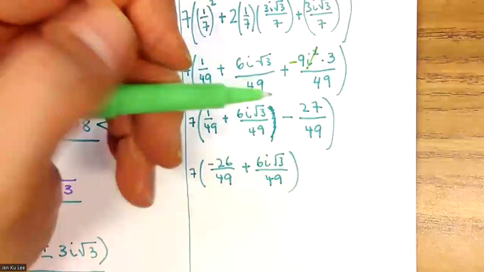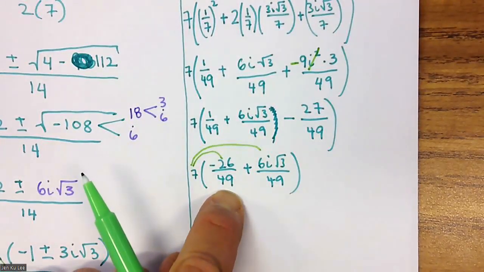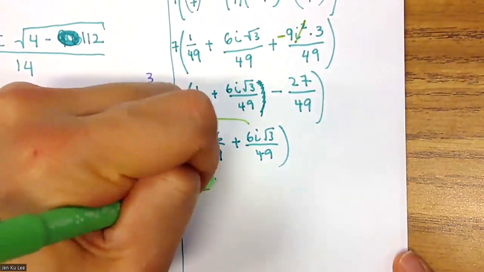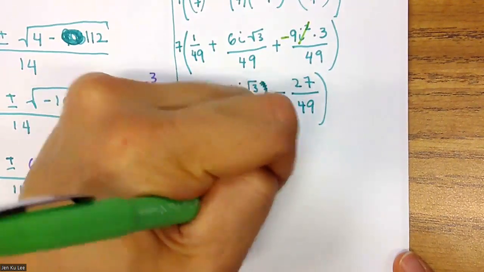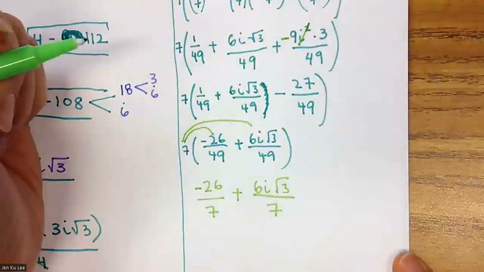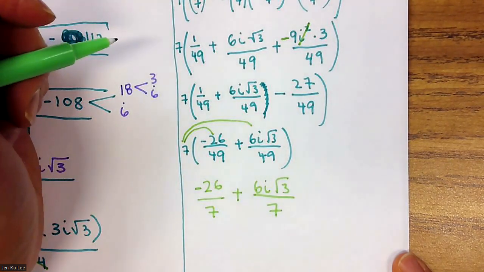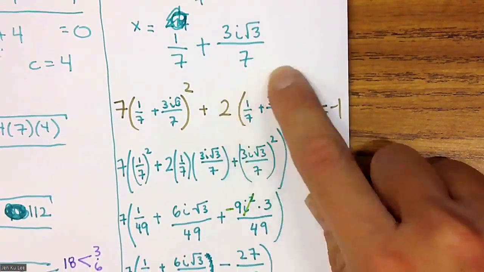And if you distribute out this 7, 7 goes into 49, right? Yeah. So this will just be -26 over 7 plus 6i square root of 3 over 7. Okay? So that's the first part here. And then this, I'm going to distribute this out.